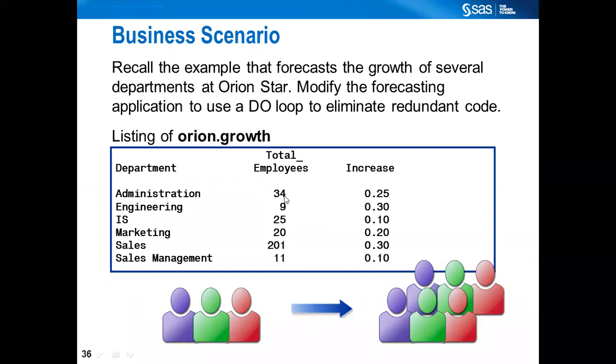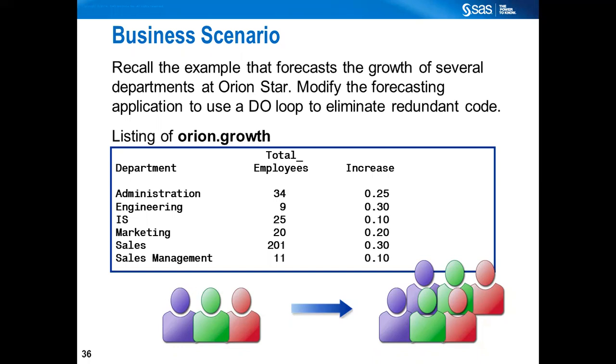These are the total number of employees working and their rate of increase, or how many employees may increase every year or every quarter, for every department. Recall this example of forecast of the several departments. Modify the forecasting application to use a do loop to eliminate redundant code.